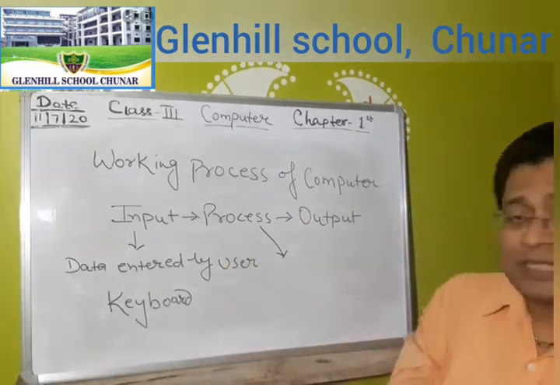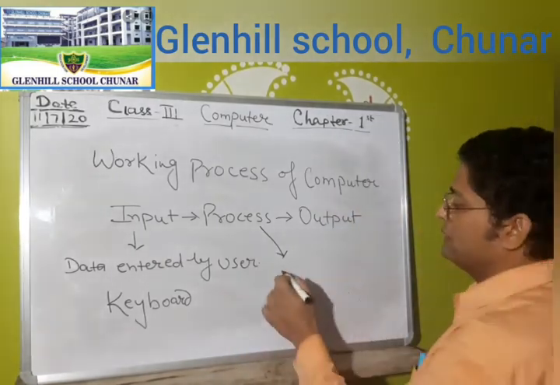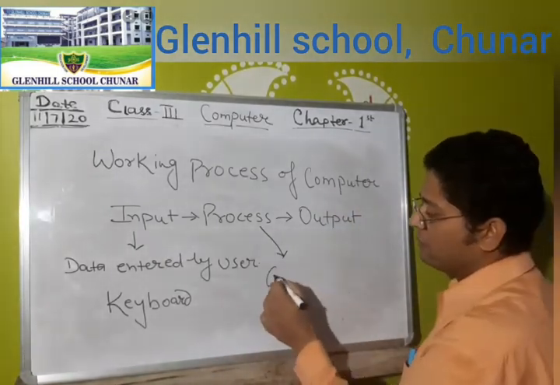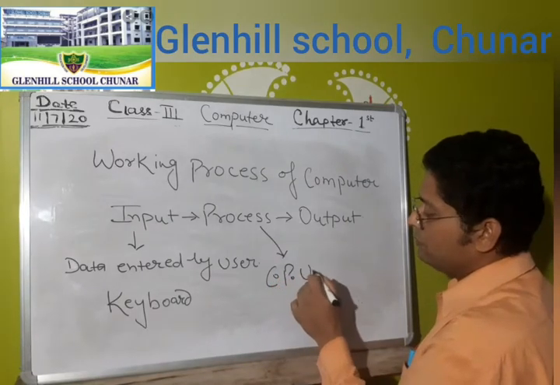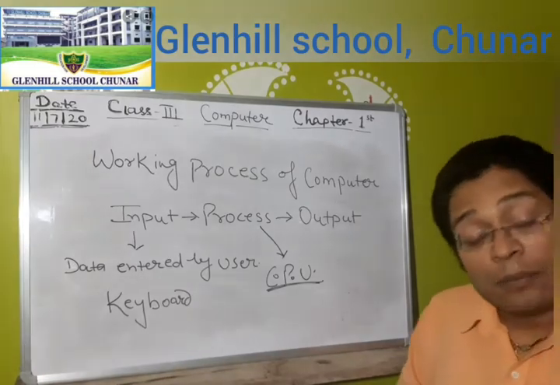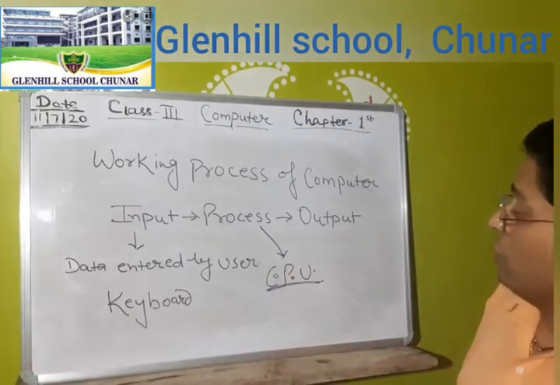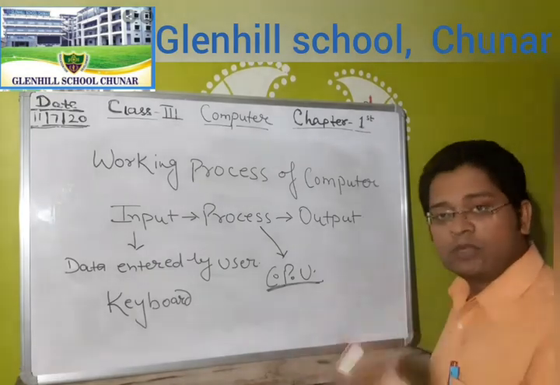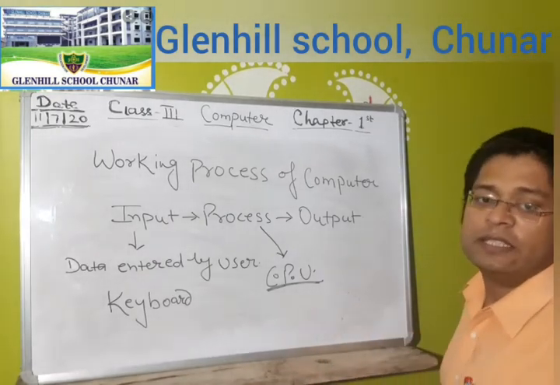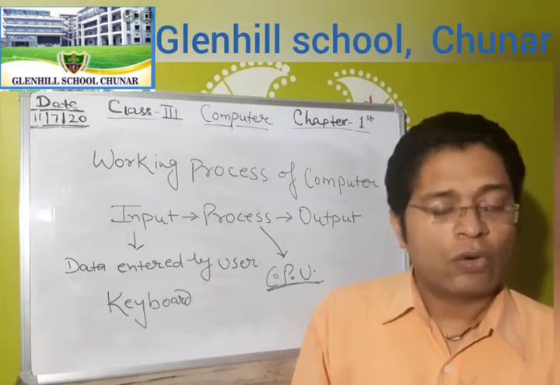And you know the processing machine is called CPU. So this is processing in the CPU, and this is the brain of the computer. Yes, student. Okay. So CPU, central processing unit. This is the brain of the computer. Okay, student.